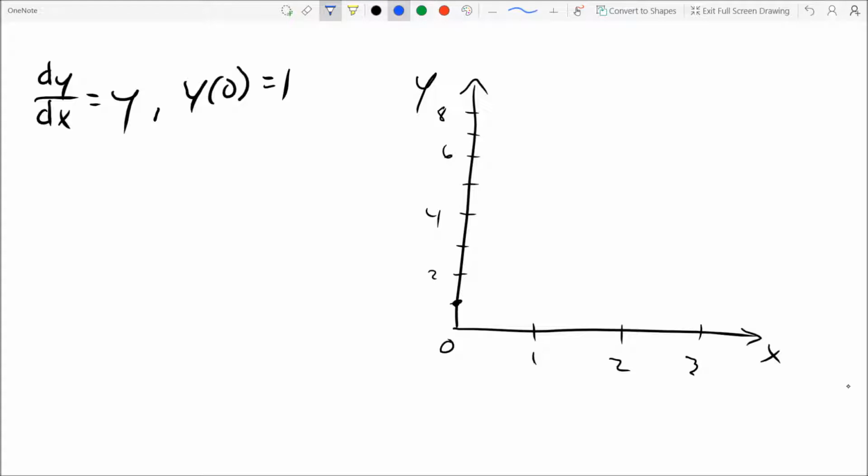Let's go blue. And so we would have our initial point, and then we would calculate what the slope should be at that point. So I'm going to create a table here: x, y, and the slope.